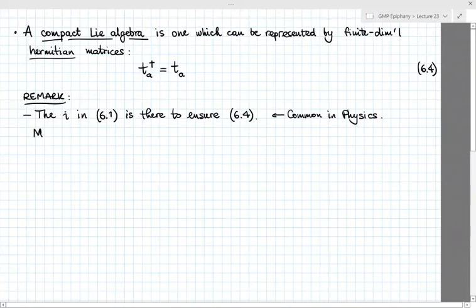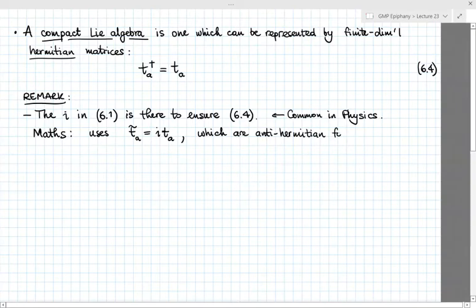Whereas in maths, and that's what Andreas did in the first term, one uses generators, let me call them T tilde A, which are related to the generators that I'm using by a factor of i. And these are anti-Hermitian for compact Lie algebras. Which means that T tilde A dagger is equal to minus T tilde A.